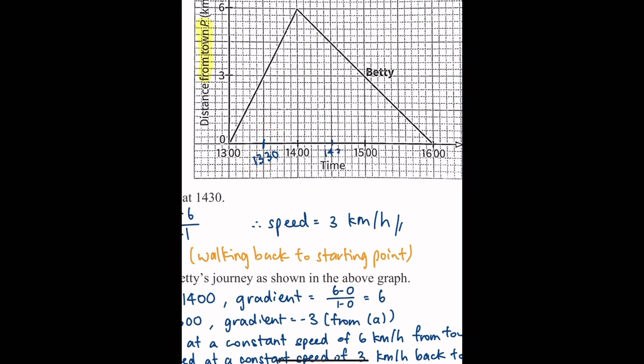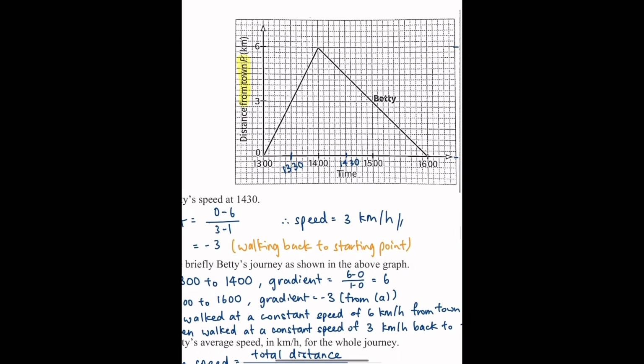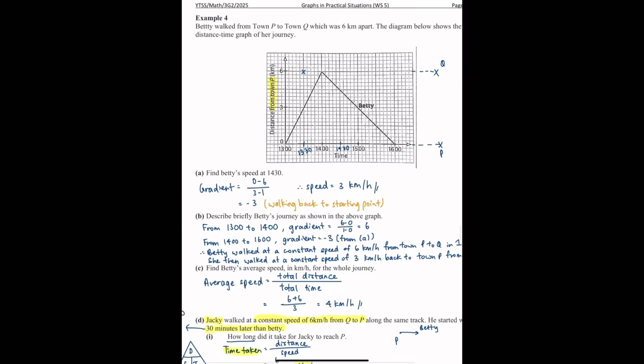Let's mark the time out first. We know that Jackie started walking from town Q. Town Q is 6 kilometers away from town P. Take note, the y-axis here is distance from town P. So at 13:30, he's 6 kilometers away from town P because he was at town Q. And then he finished his journey 1 hour later.